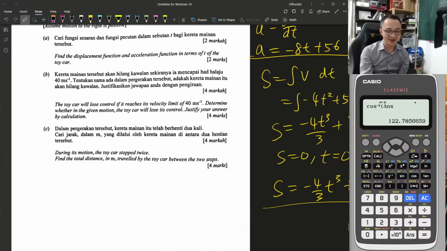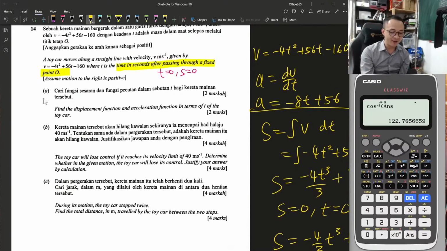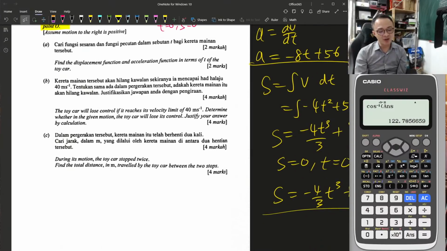Done, 2 marks. Okay, then the toy car will lose control if it reaches the velocity limit. This is some keyword: reaching the velocity limit means reaching maximum speed or maximum velocity, which is 40.